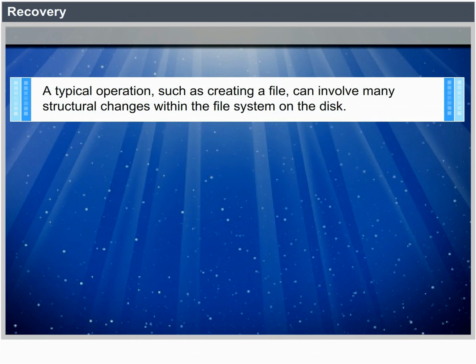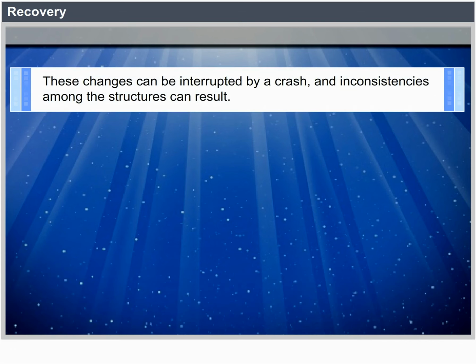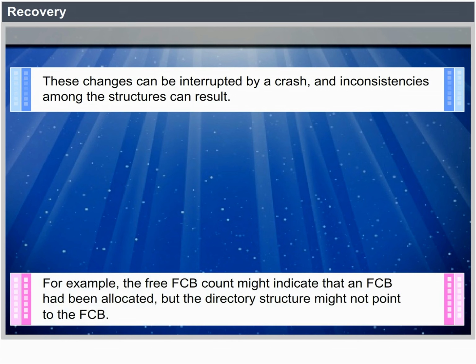Directory structures are modified, FCBs are allocated, data blocks are allocated, and free counts for all of these blocks are decreased. These changes can be interrupted by a crash, and inconsistencies among the structures can result. For example, the free FCB count might indicate that an FCB has been allocated, but the directory structure might not point to the FCB.